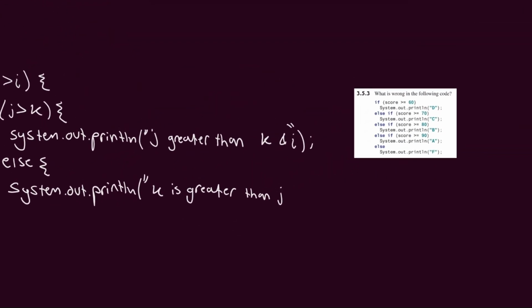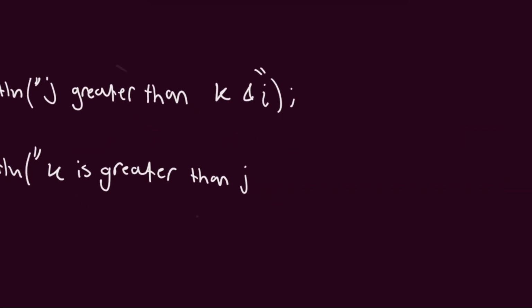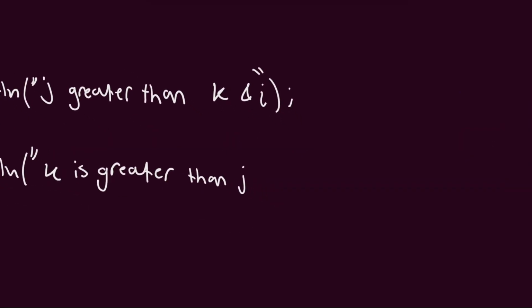Hold on, let me move this. This is the example for later on. Okay, let me move this away. There we go. K is greater than j but less than i. Okay, so this is true.